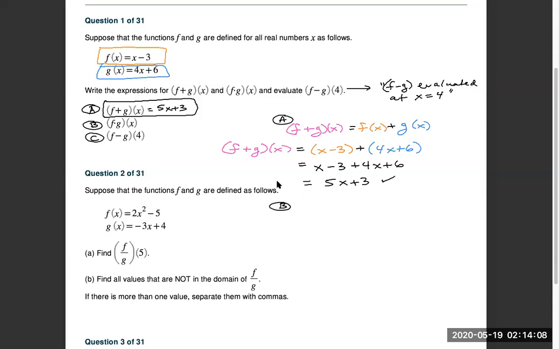Okay. Part B, we have f times g of x. Remember your general formula first. That's f evaluated at x times g evaluated at x.